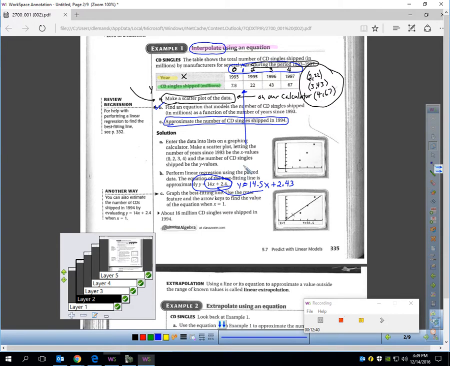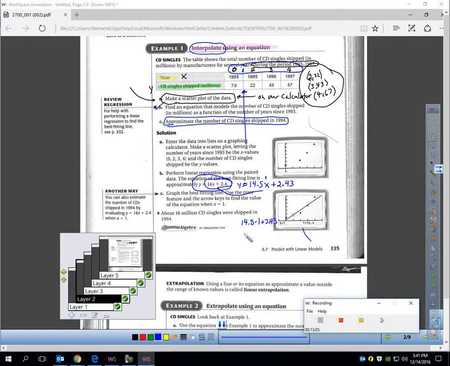So here's all you got to do. You take 1, you put it in here for X, and this will give an estimation of about how many CDs we shipped. So it would be 14.5 times 1 plus 2.43. Let me put that in my calculator real quick.